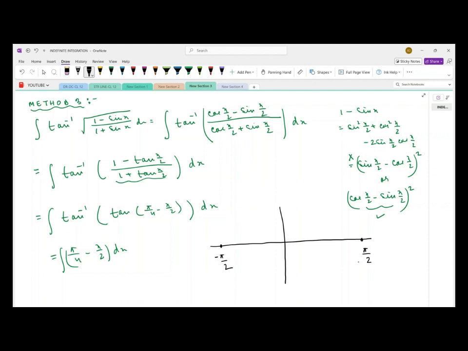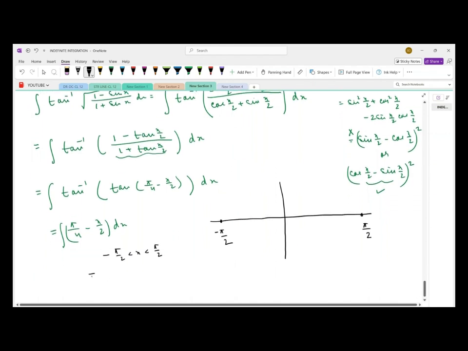Here I am dealing with x by 2, so obviously x by 2 will lie between minus pi by 4 and plus pi by 4. So suppose this is minus pi by 4 and this is plus pi by 4.